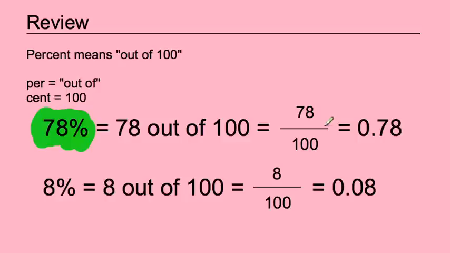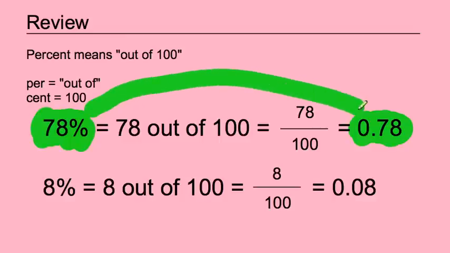And since it's 78 hundredths, I'm going to write the 78 starting in the hundredths place. And so my decimal equivalent is 0.78. And today's lesson is going to require you to get from 78% to 0.78.